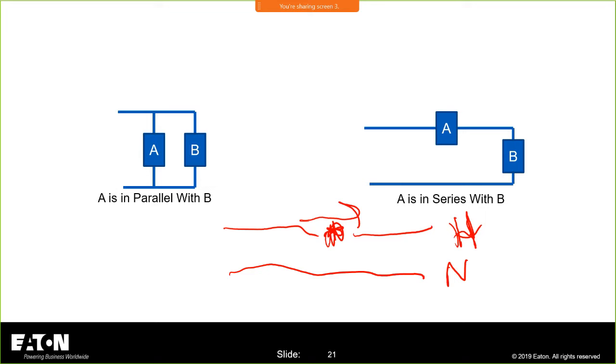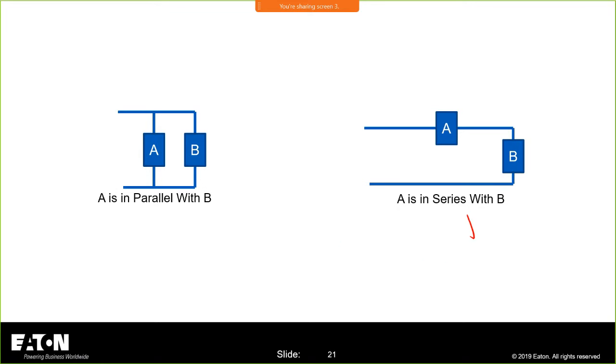When I have a parallel arc, remember, hopefully most everybody on this call was on my call on Monday, because we talked about short circuit calculations. What did we say when we have a circuit and we have a short circuit? We have a hot conductor going out, a neutral conductor going out to a load.